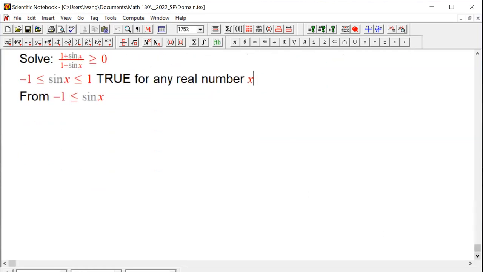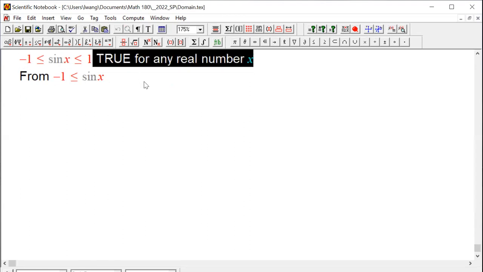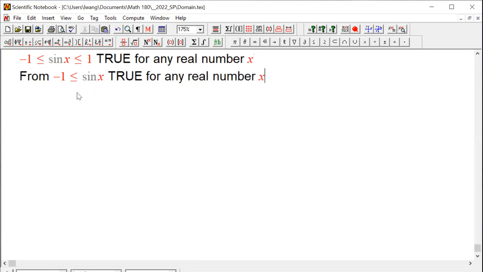If I add 1 on both sides, like we just did earlier, you can see this is pretty fun, isn't it?